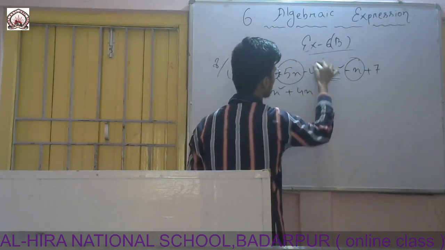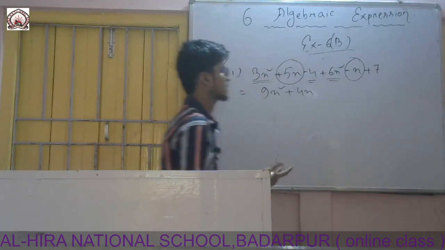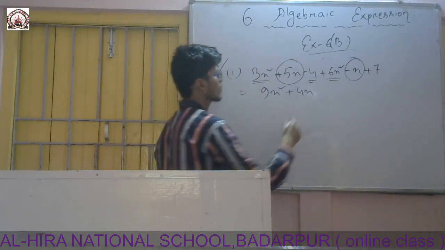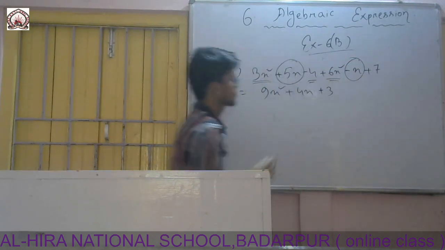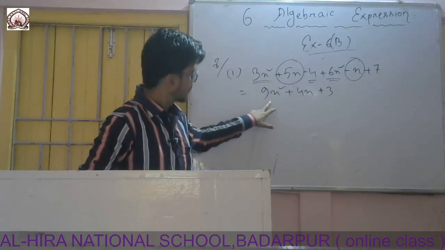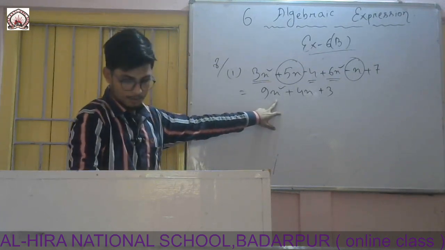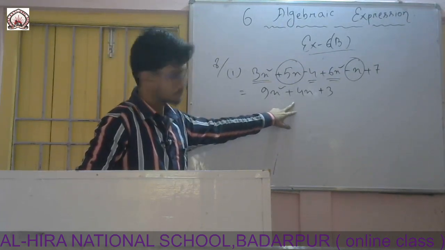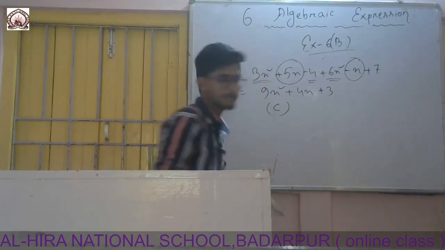The two constant parts left are minus 4 and plus 7. 7 minus 4 is 3, so it is plus 3. On the other side in column B, you see which it matches with. Yes, option number C, 9x square plus 4x plus 3. So Roman number 1 answer is option number 3.